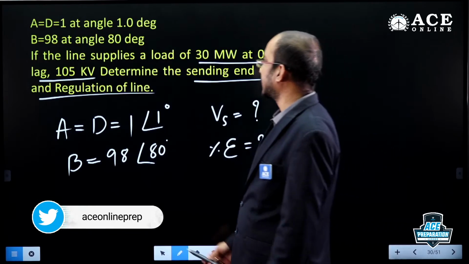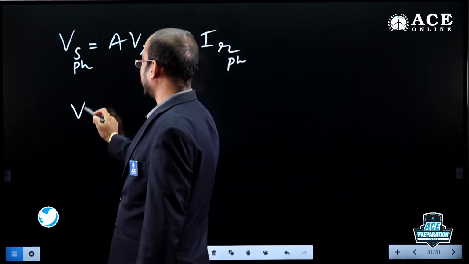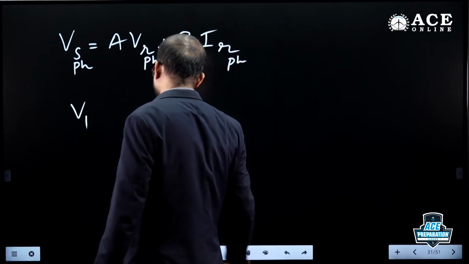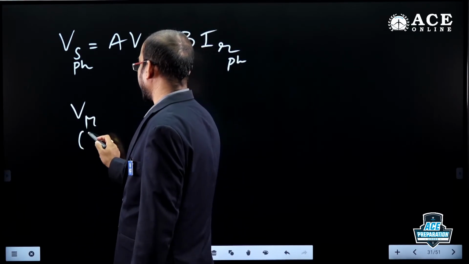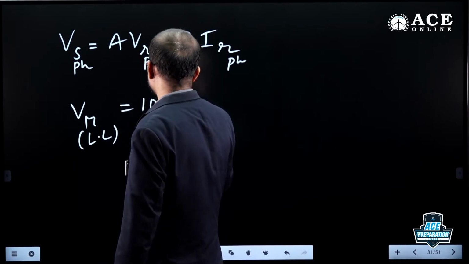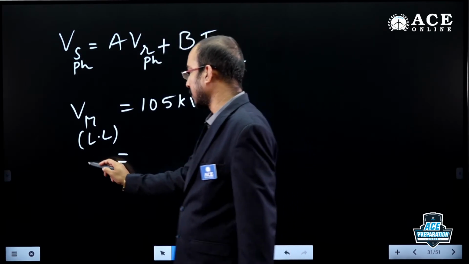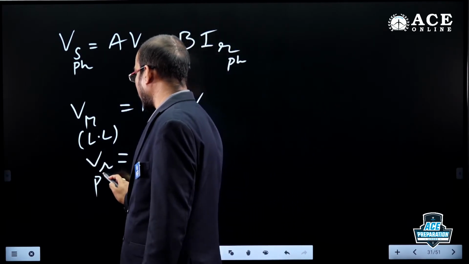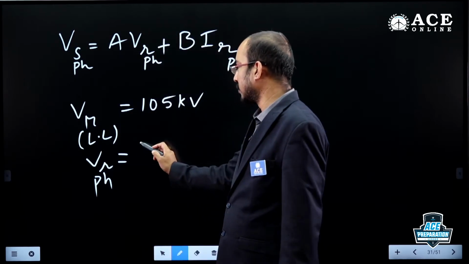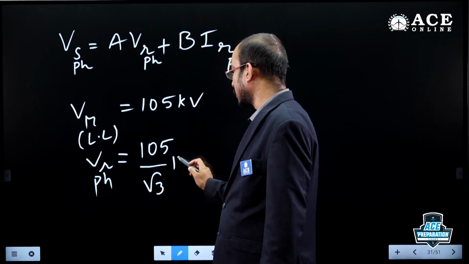So the receiving end voltage is given as 105 kilovolts, which is the line to line value. What is the phase value? V phase is VL by root 3, so VR per phase is 105 by root 3 kilovolts.